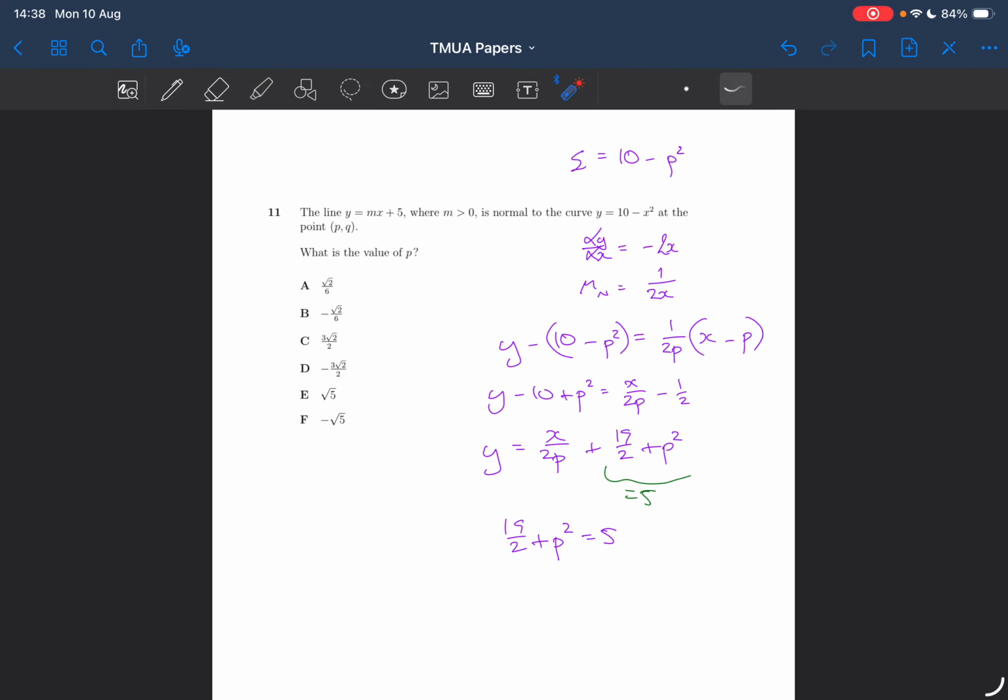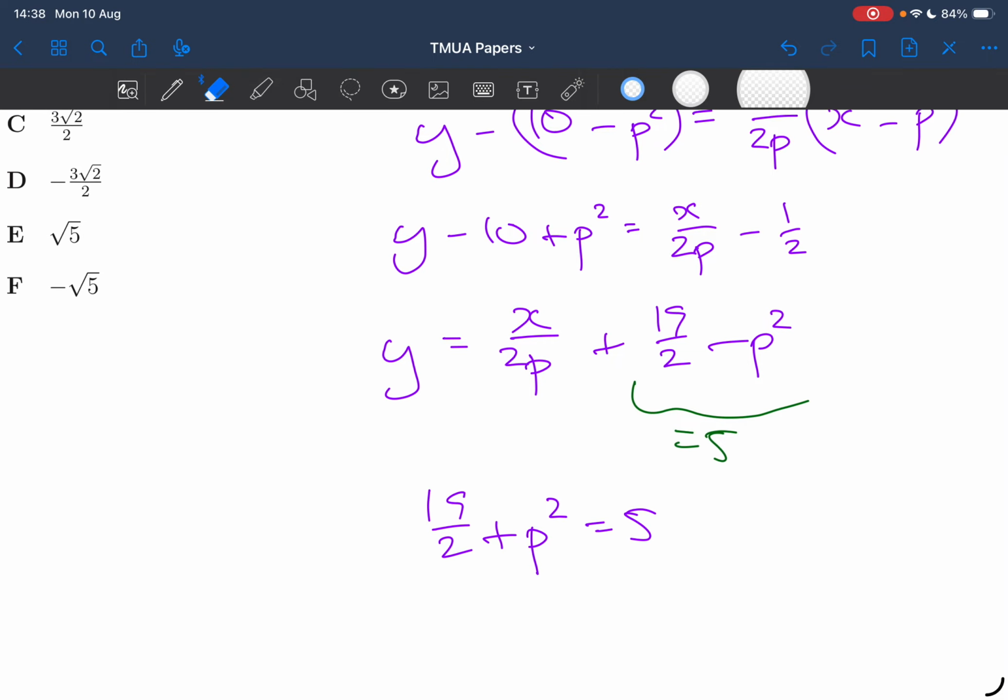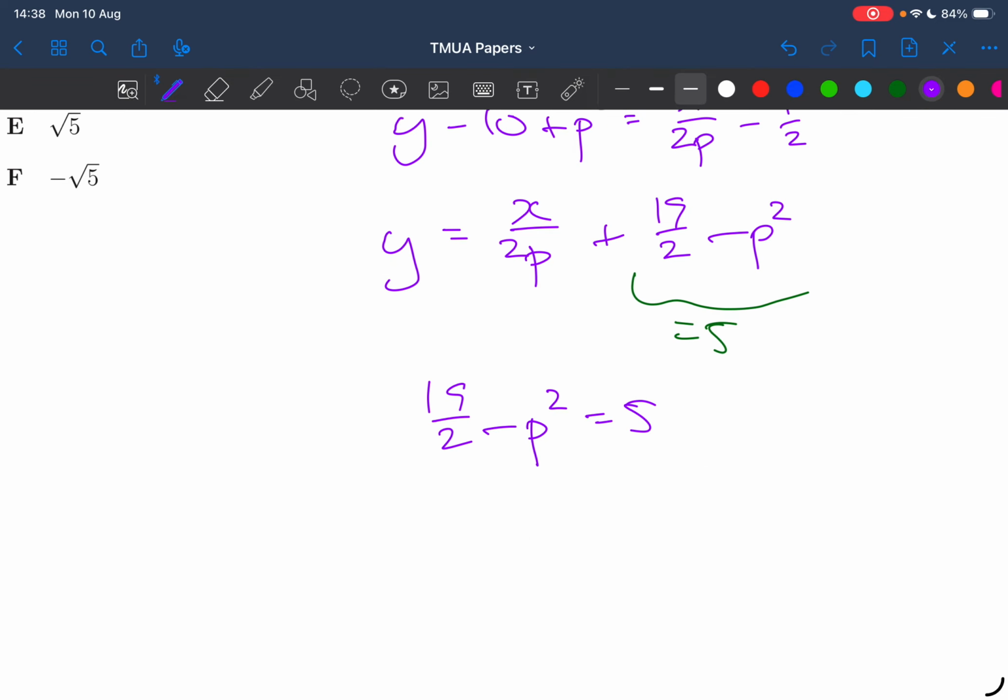That's not good. It's minus p squared. So doing that, we can add p squared over, take away that, and see that p squared should be 9 on 2, i.e. p is going to be 3 over root 2.